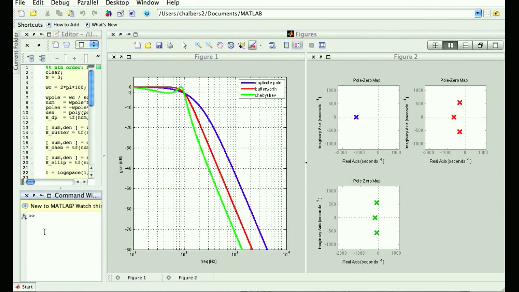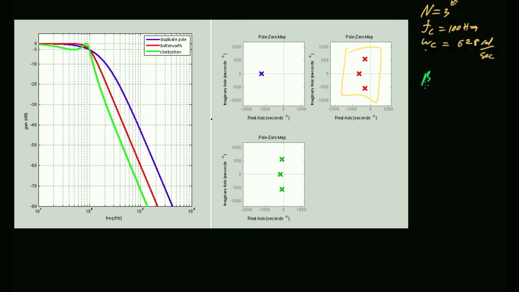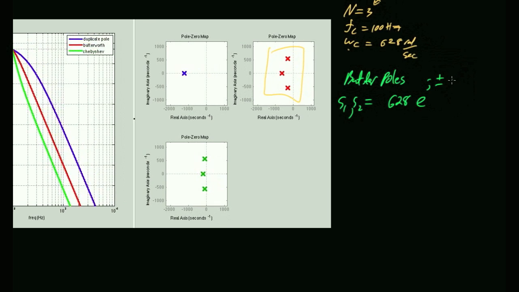Okay, so for the Butterworth filter, my Butterworth filter poles are at, 2 of them are at 628 e to the j, oh, let me just tease this information out of here, plus or minus 2.094, and then a third one at minus 628.